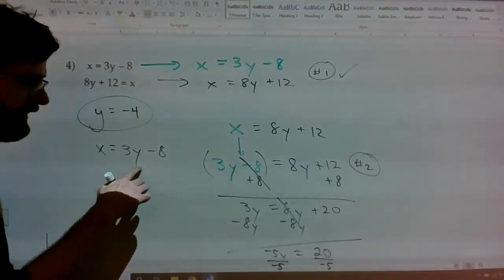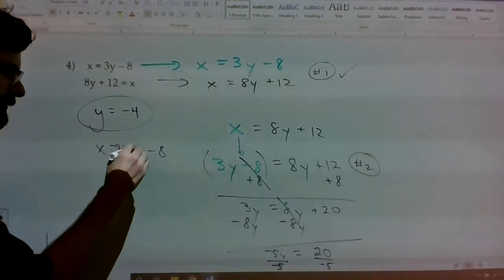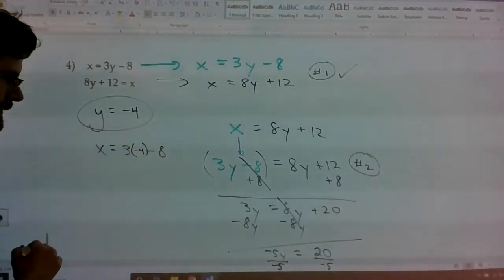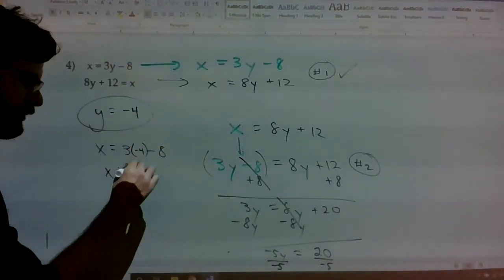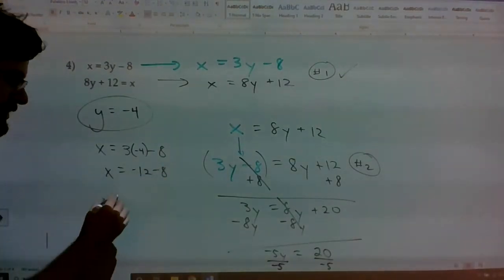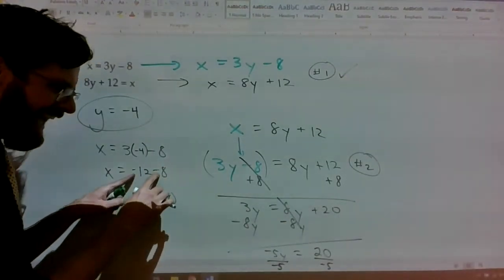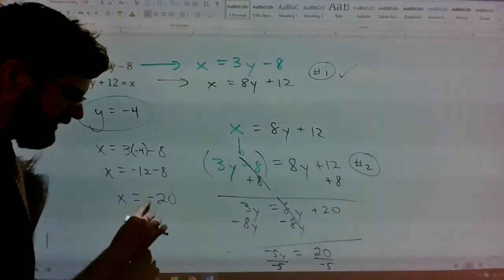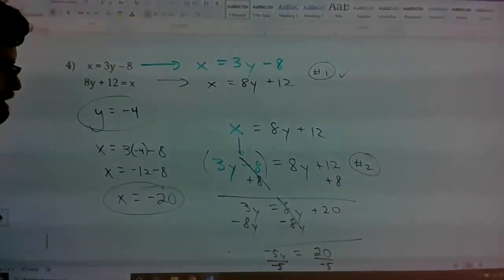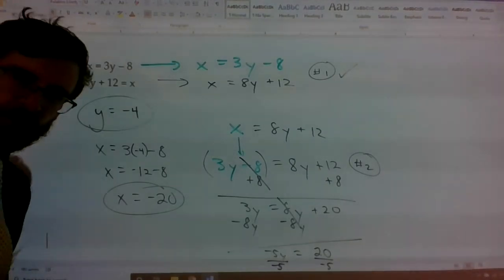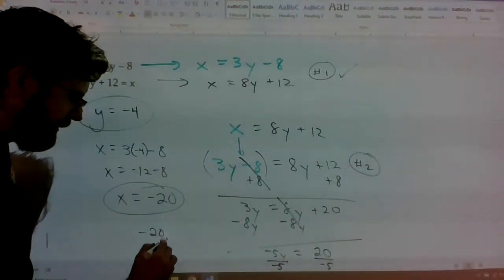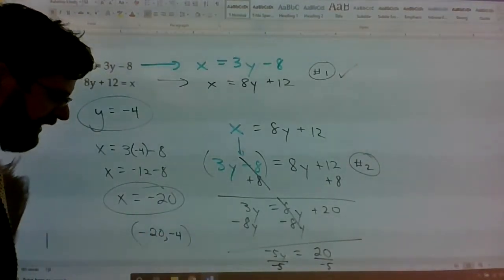The y disappears and is replaced with negative 4. So x is equal to negative 12 minus 8, which gives me x equals negative 20, because same sign adds together, and then you keep the negative. Step 4, negative 20, comma, negative 4 is our final answer.